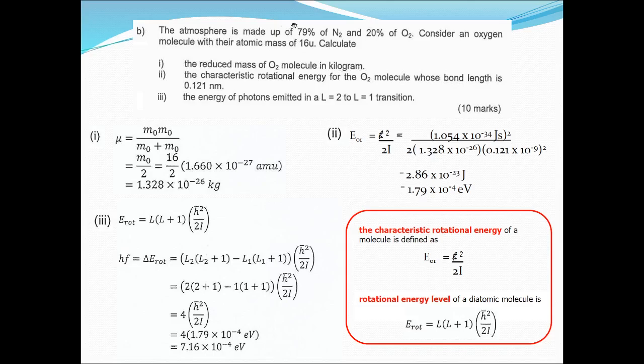It asks you to answer the reduced mass of the oxygen molecule. You can see the trick here is sometimes the question gives you a lot of information, but it just asks you to calculate or focus on only one molecule. So in this question it is oxygen. The question does not focus on the nitrogen gas at all.